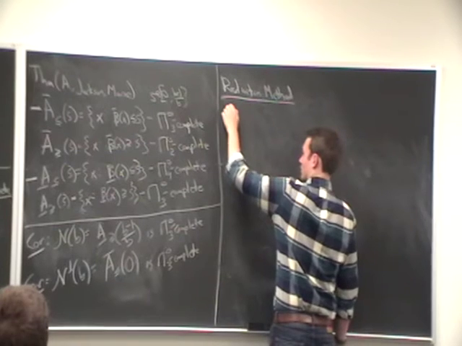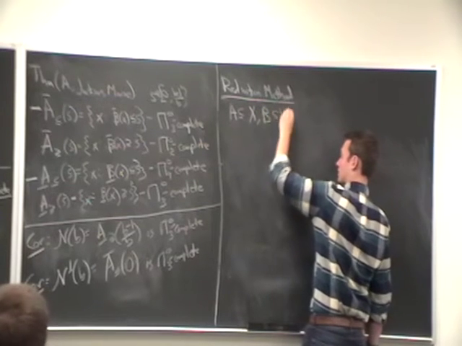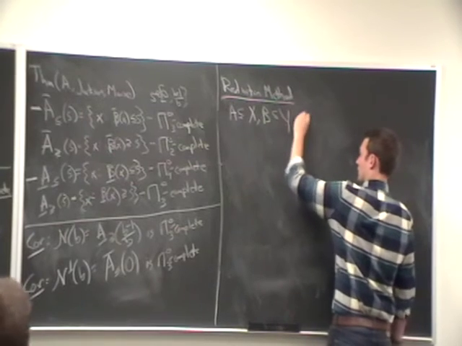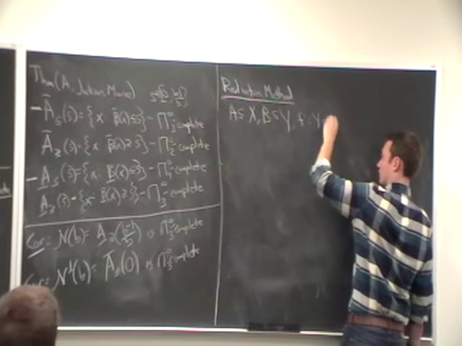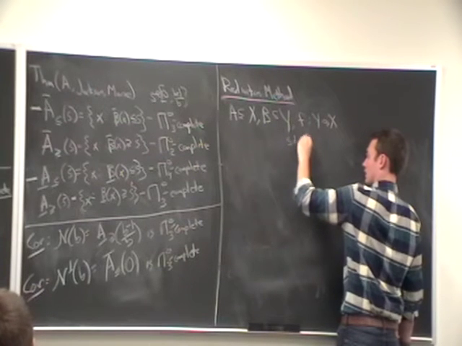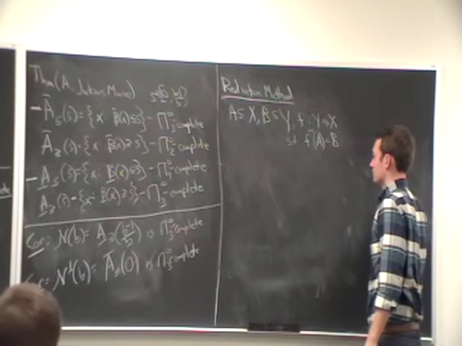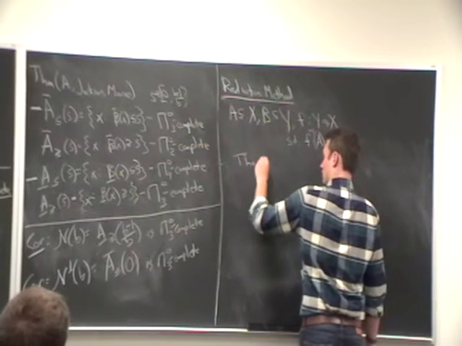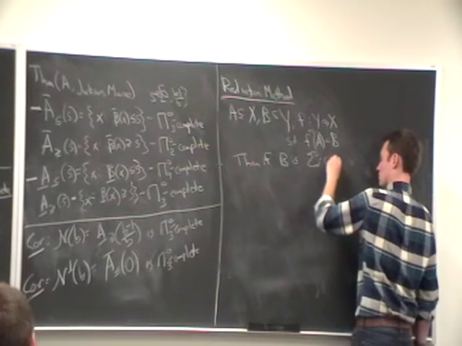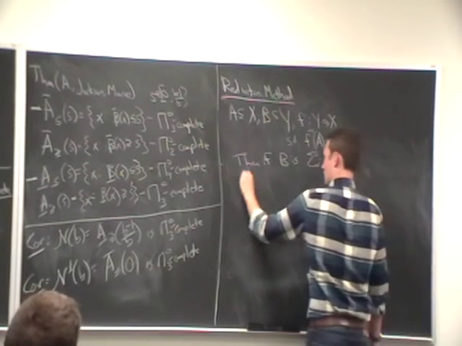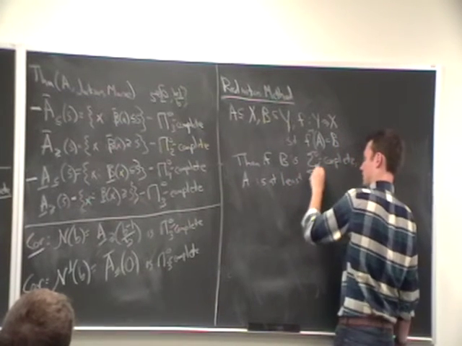Suppose that you have A, which is a subset of X, B, which is a subset of Y, X and Y are Polish spaces, and a function f from Y to X such that f inverse of A is equal to B. Then if B is Sigma 0 alpha complete, A is at least Sigma 0 alpha.